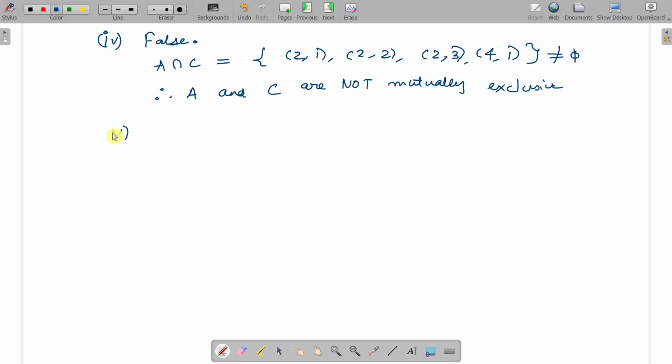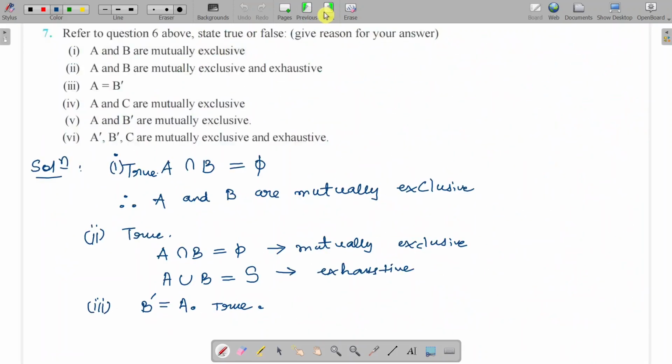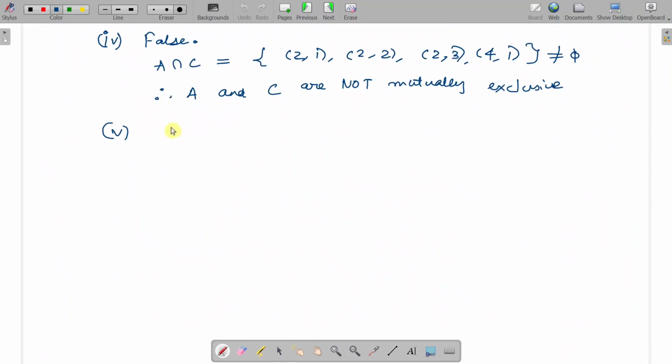Now fifth one, A and B complement are mutually exclusive, you are asking. So that is also false, because A intersection B complement, if we take A intersection A only, B complement is A, right?